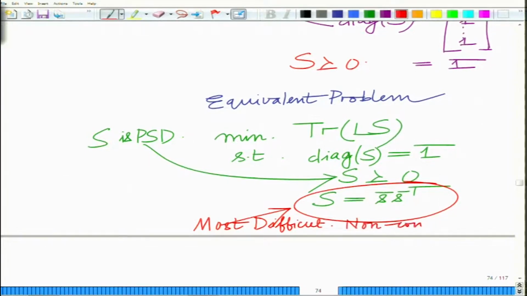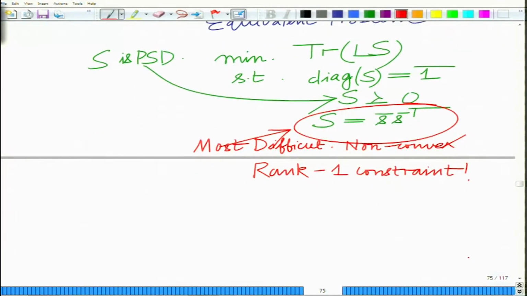This is known as a rank 1 constraint, because S equals a single vector S bar expressed times its transpose. Whenever you have a matrix of this form, which is a vector times its transpose, it is basically a rank 1 constraint, and this is a non-convex constraint. So constraining this optimization problem using this rank 1 constraint is very difficult.